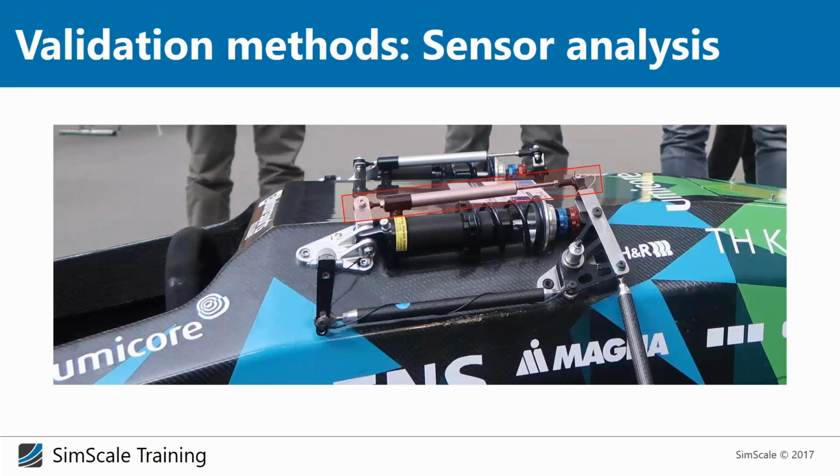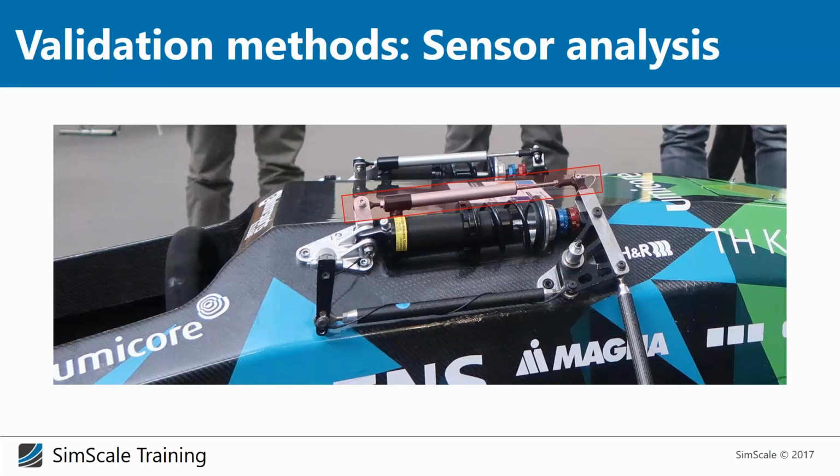Another validation method is an analysis of your wheel travel sensors. This picture is from our car. We have those wheel travel sensors mounted to the car, and what you can do here is drive with a constant velocity on a long straight, one time with aero and one time without aero, and then you can see on the compression of the suspension if there is any vertical force acting on the car.